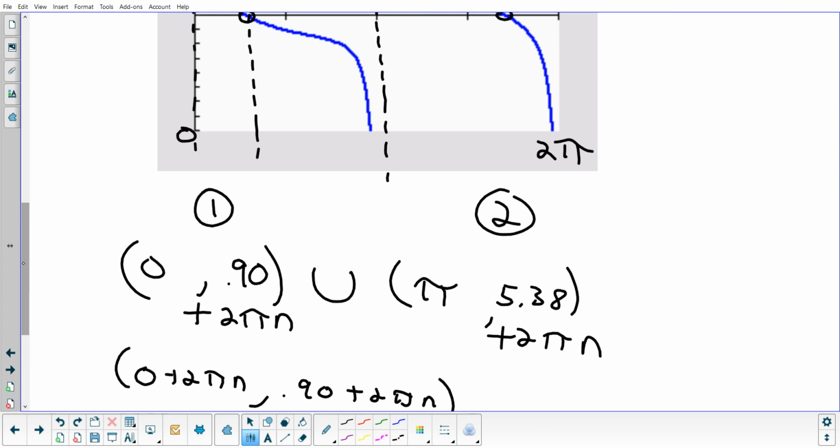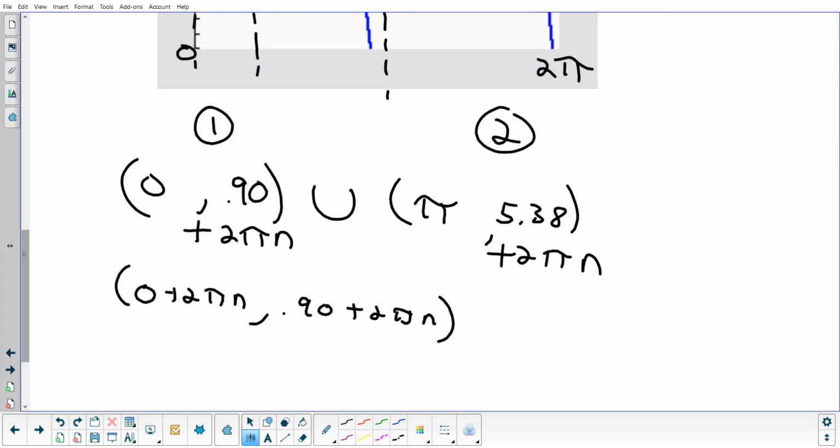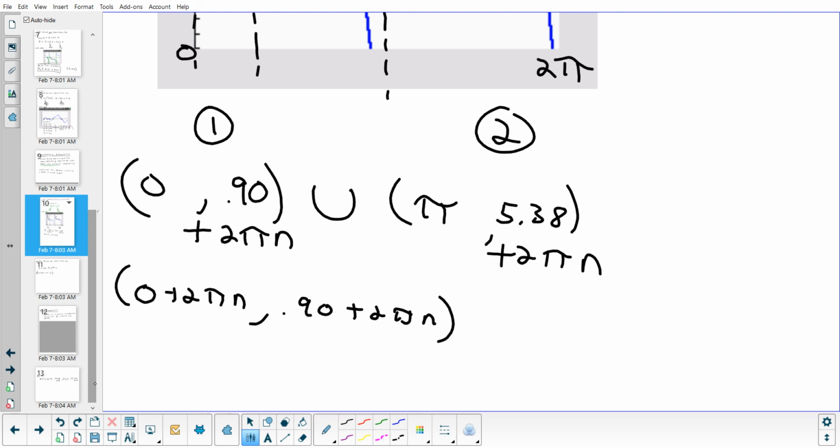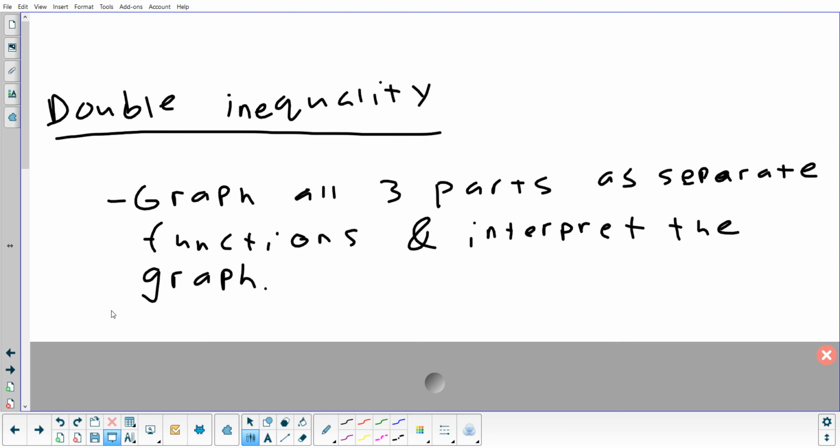Questions on that? Okay, so more formal, a little bit less formal, but that's okay. Let's look at this one, the last one. A double inequality isn't really that much harder if you're using a calculator.